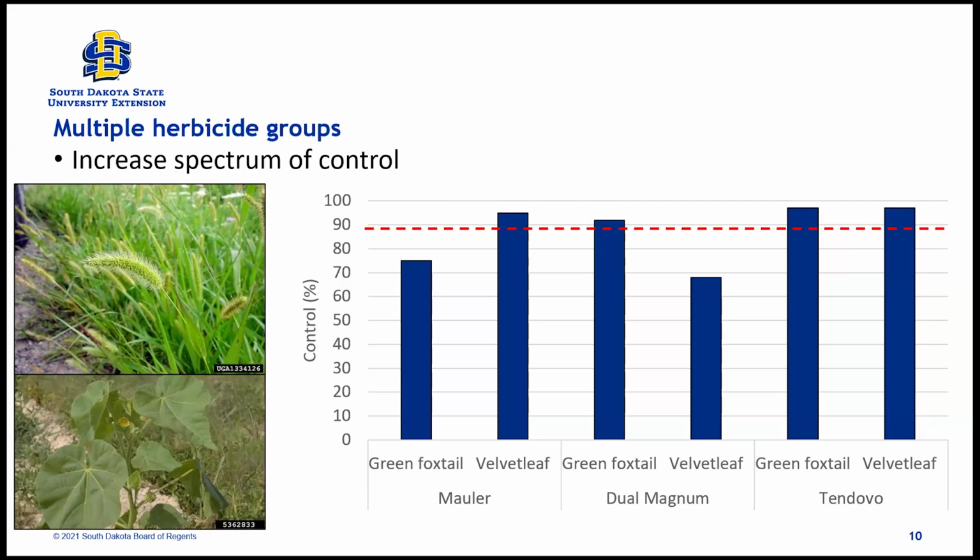Now, when we go to Dual Magnum, the scenario flips. We have greater green foxtail control, and we really are losing control of our velvetleaf, less than 70%. But when we have that herbicide that has both these herbicides plus a 3rd, we're really reaching close to that 100% control. And that's what we're really looking for.